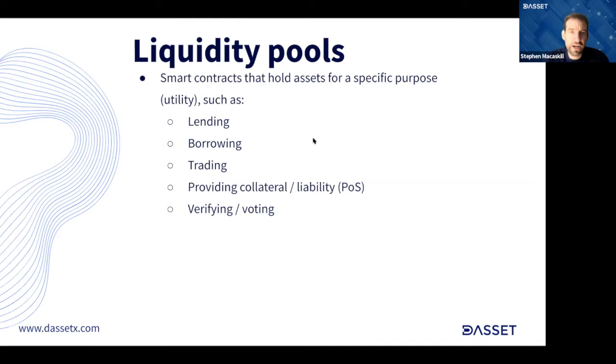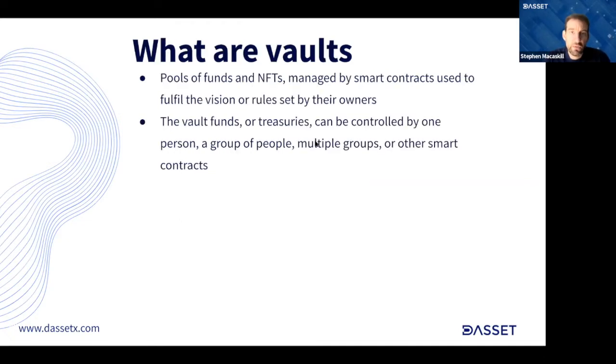When we look at vaults, what we need to understand is that they are very specific in terms of their functionality. They are used for a very specific purpose, and that purpose is set by the vision or rules behind the creator of the vault.